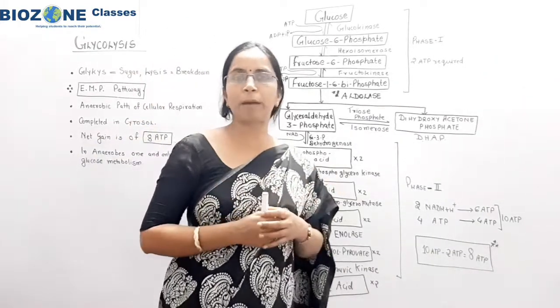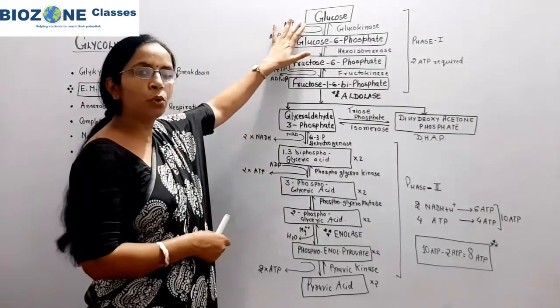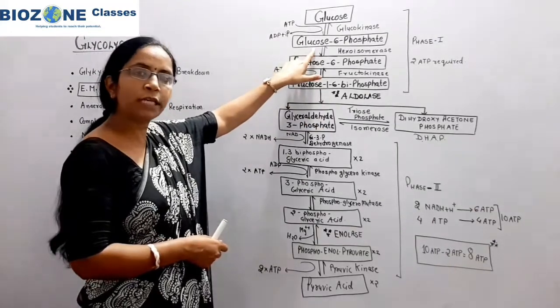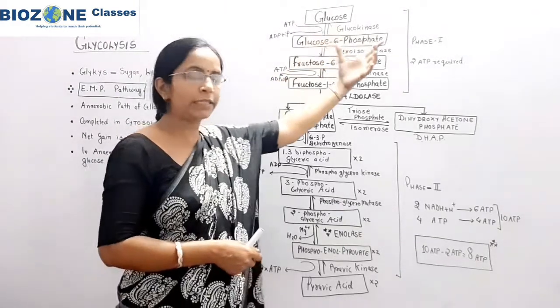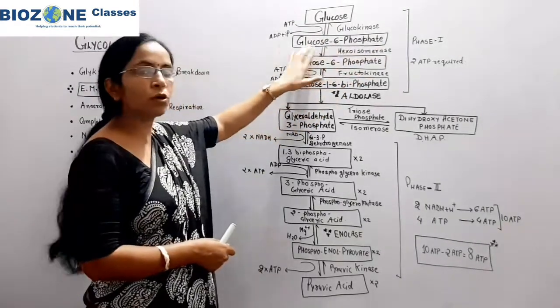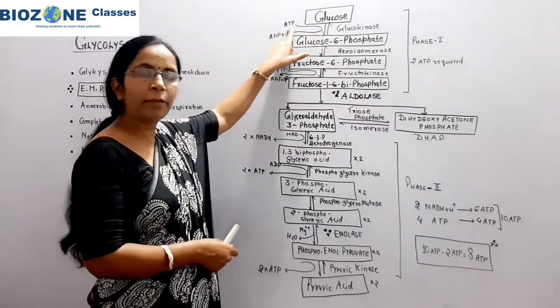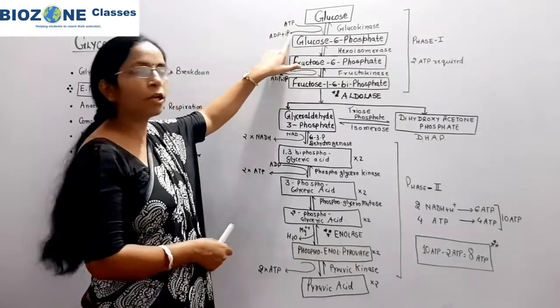Now how does this pathway take place? Let's begin. Here you see glucose first undergoes conversion into glucose 6-phosphate with the help of glucokinase or hexokinase enzyme. This is the reaction where the first molecule of ATP is broken down into ADP and inorganic phosphate.